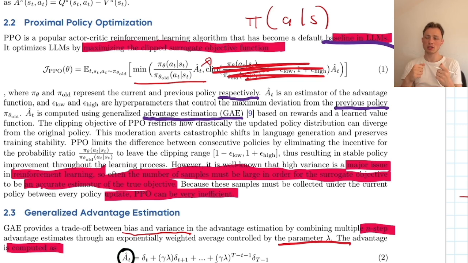What does it mean? For each token we have an expected reward for choosing this token, and if we choose a token that has a higher expected reward than the average, then we want to increase the probability of taking this action or this token. So if this is positive, we want to increase the ratio between the new policy and the old policy.